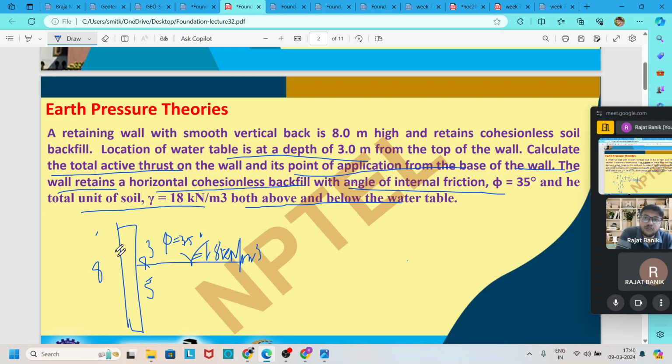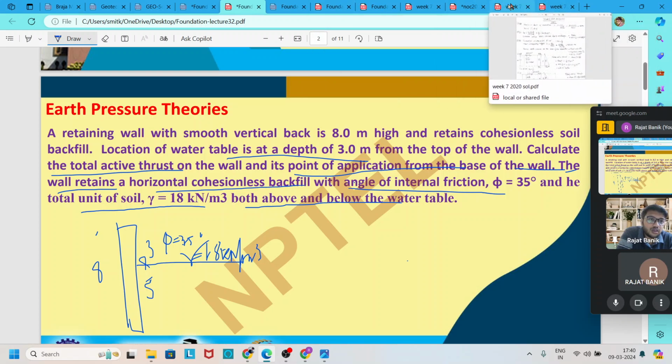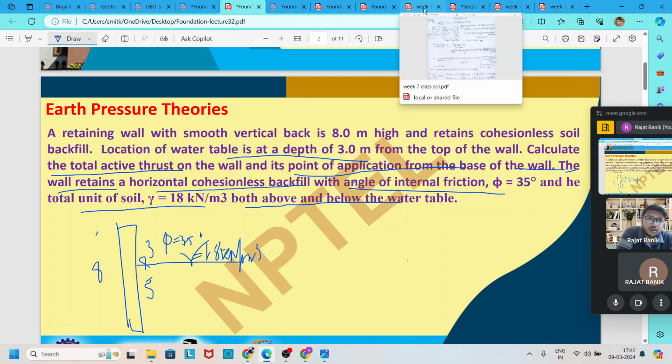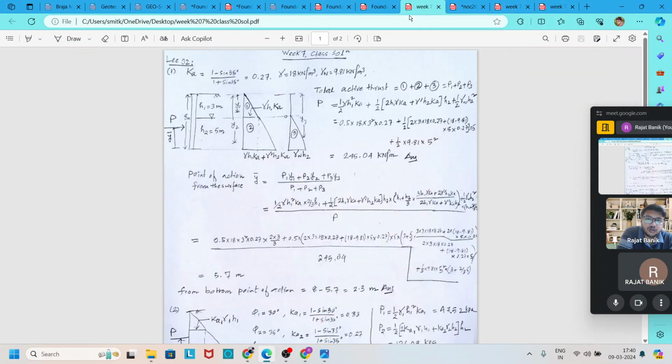I'm moving to my solution page. Yes, this is the solution. First we find the K for 35 degrees. The K for 35 degrees is 0.27, gamma is 18, and gamma W is 9.81.